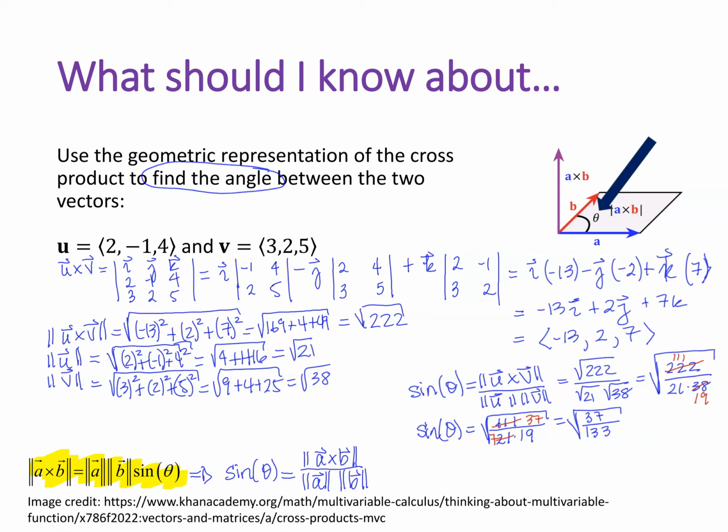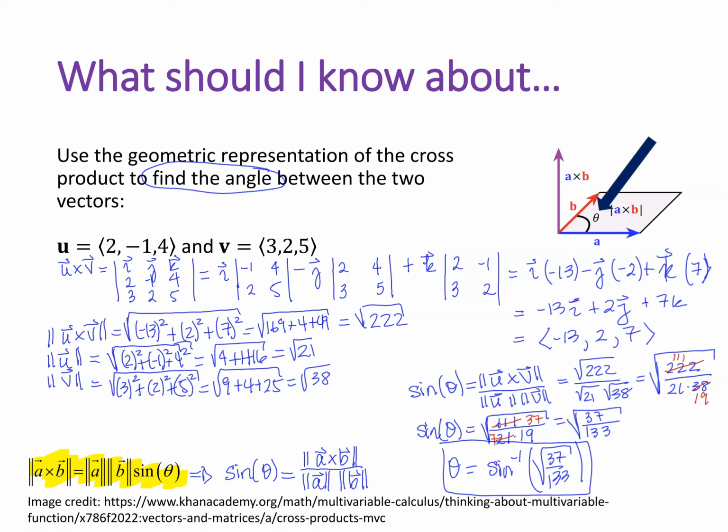So now I'm going to use the inverse sine and find that theta is equal to the inverse sine of the square root of 37 over 133. Now that is the exact measure of the angle.